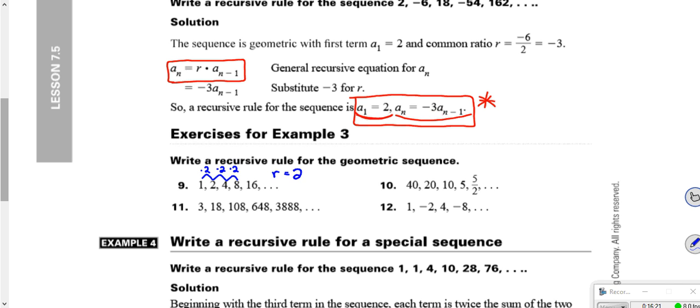So my R is going to be 2. So I need two things again. Remember, my a sub 1 is 1. That's my starting point. And then my recursive rule is a sub n equals 2 times a sub n minus 1. So I've got to have both pieces of that.